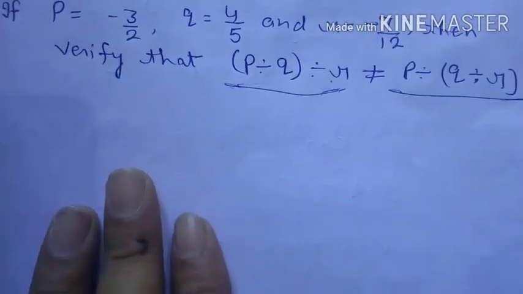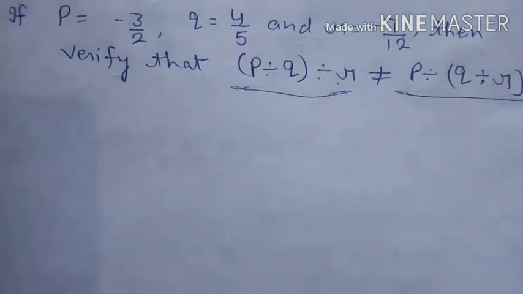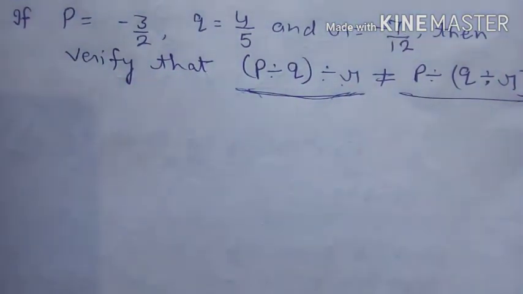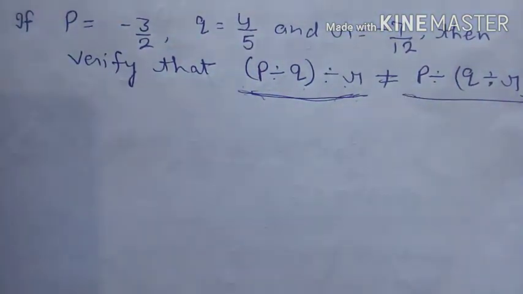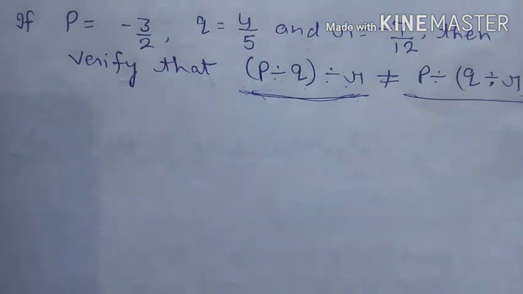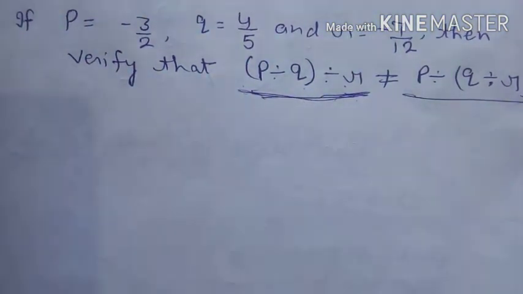I have told you when I taught you the properties of division that if there are three rational numbers P, Q, R, then P divided by Q divided by R is not equal to P divided by Q divided by R. So we can say rational numbers are not associative under division.